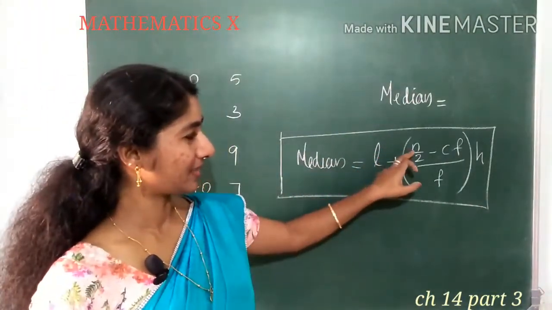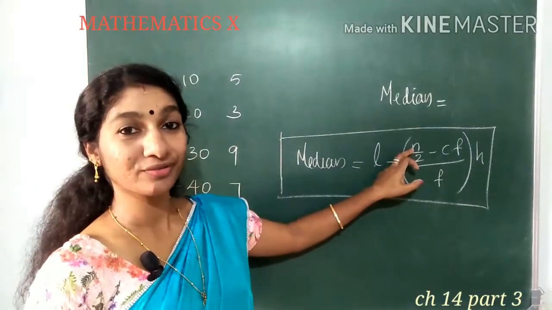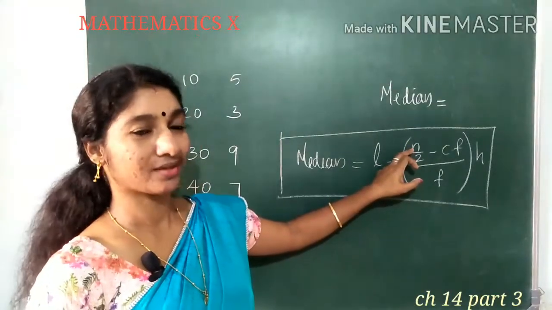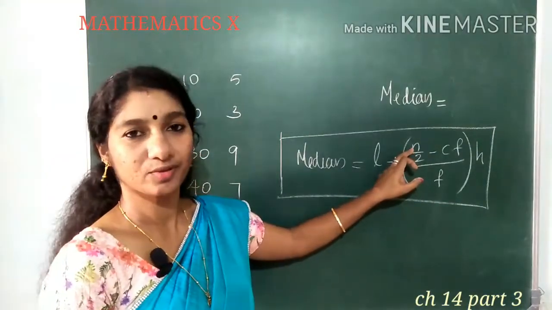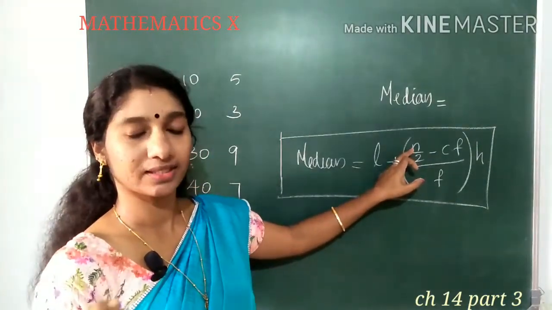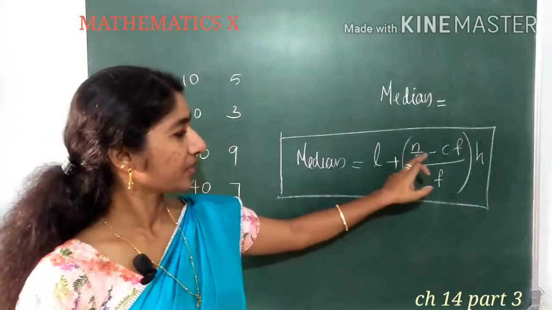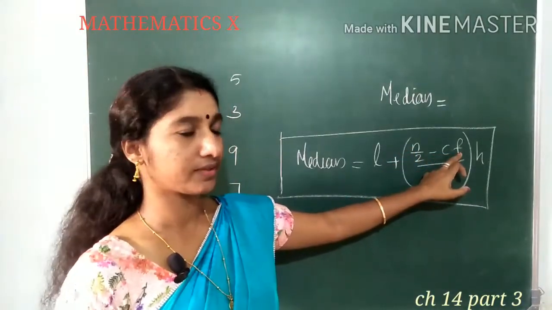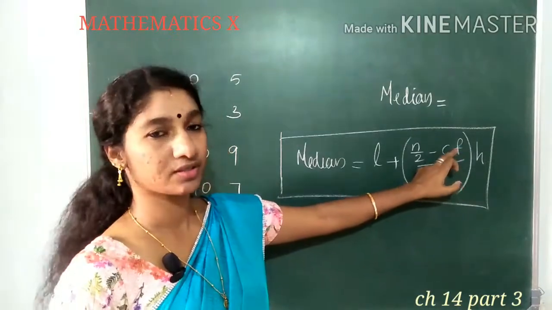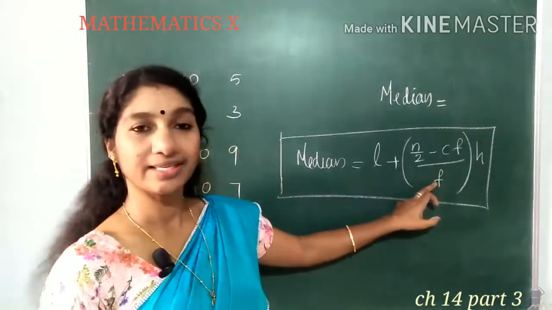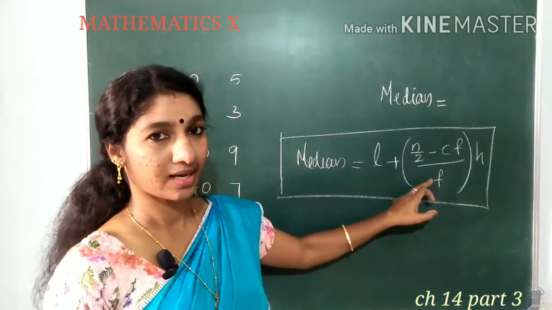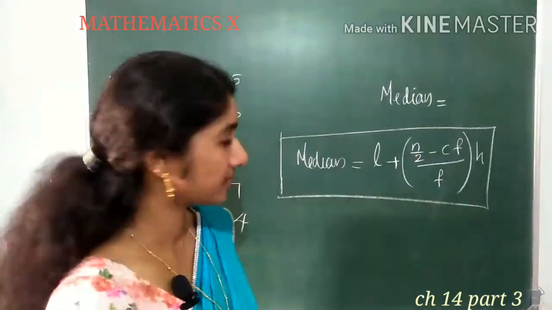N will be the number of students, or here number of observations. If it is given about students' marks, number of students, otherwise generally number of observations. And CF will be cumulative frequency. I will tell you which cumulative frequency we need to take. And this H is height of the class, F is the frequency of the class which we are taking.